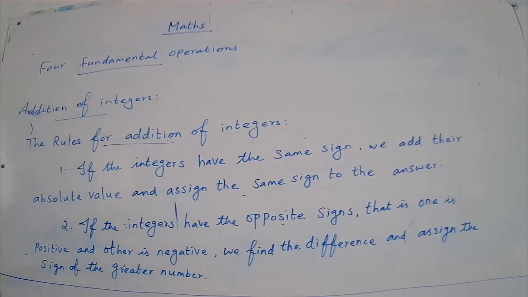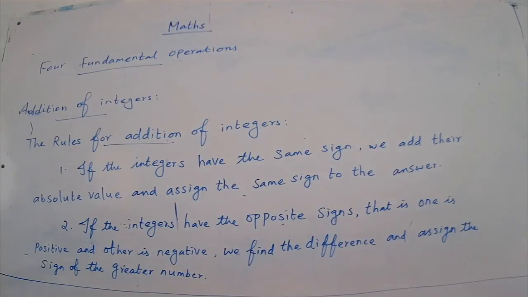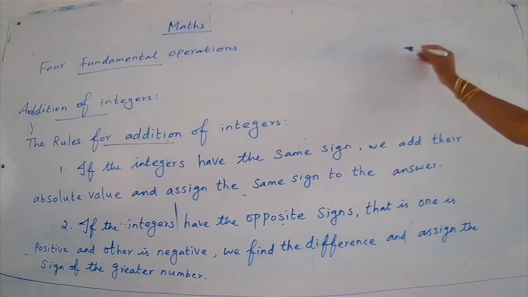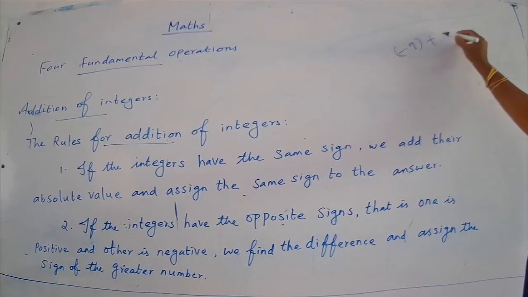So the first one is an example you have finished. Now the second one: if the integers have the opposite signs, that is, one is positive and the other is negative. Listen children, two integers, one is -9 plus 5.